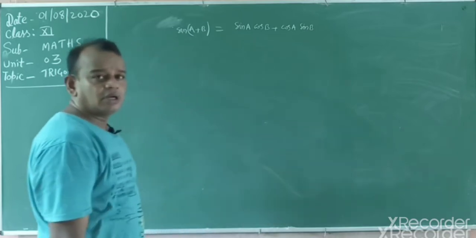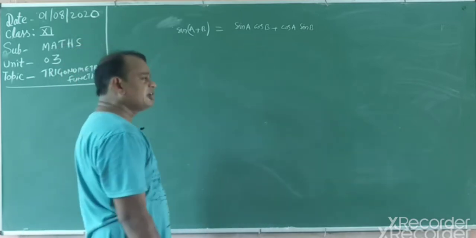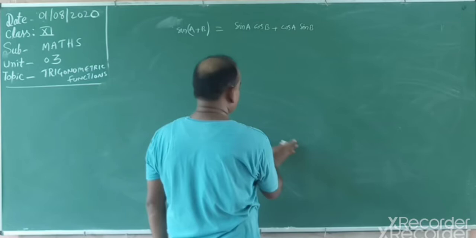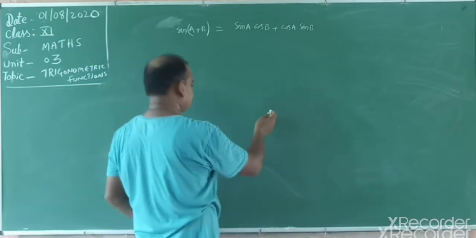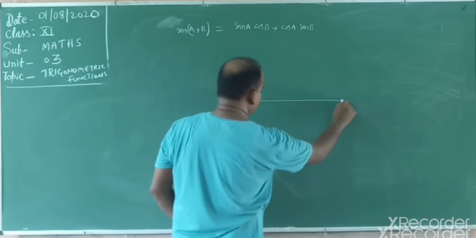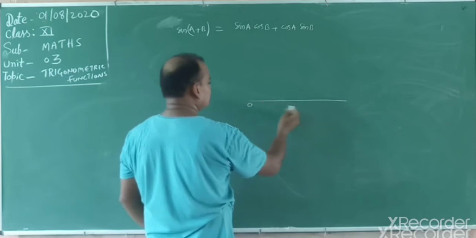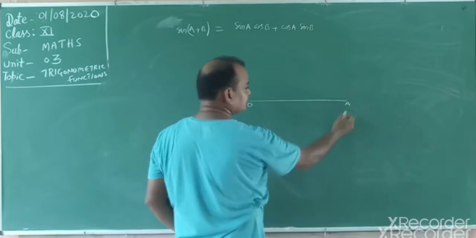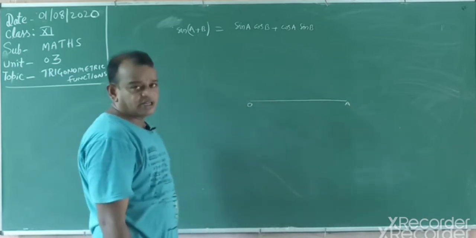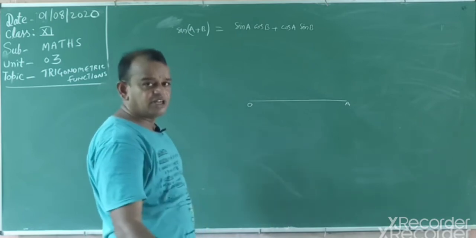How do we get it? Now listen carefully. Suppose we take the coordinate axis or initial line, OA. OA is the initial line, the initial ray.